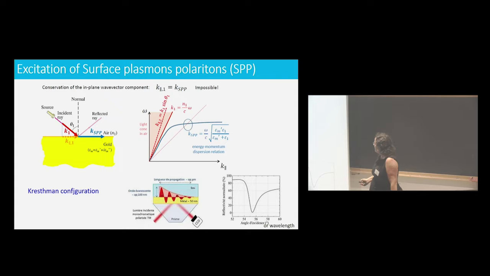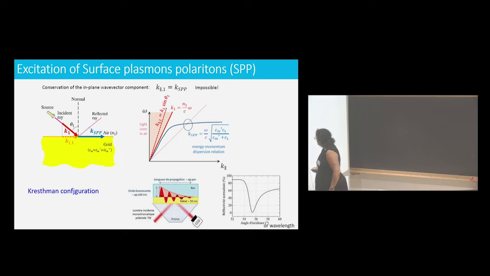In fact, if you take an incident propagating wave, that is expressed like this, and you want to excite this wave, what you need to excite it efficiently is that the projection of this propagating wave, which is a k parallel here, has to be equal to this. And you see that it's not so easy because you can change this angle of incidence.